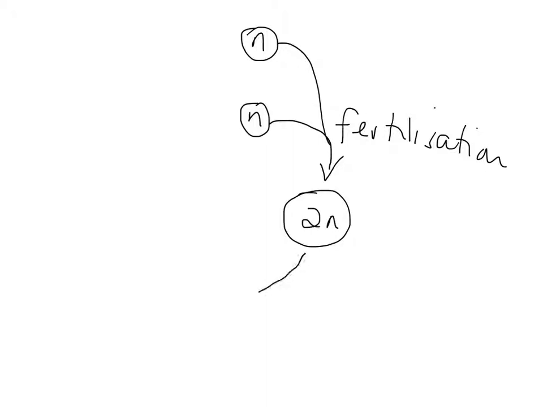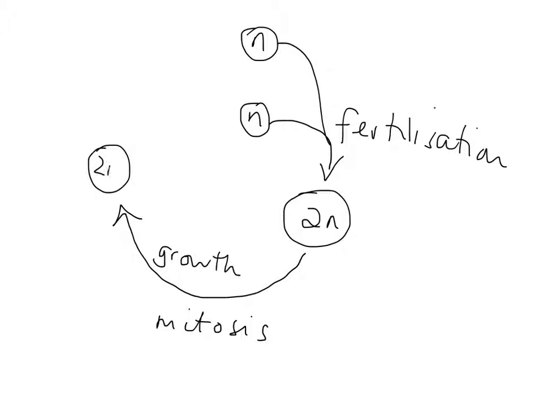That zygote will then divide by mitosis, leading to growth and a 2N adult, which will then produce gametes by meiosis.